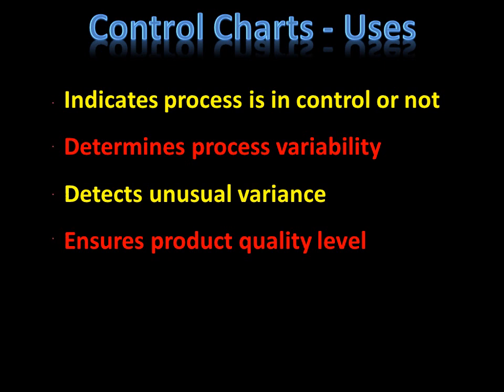Ensures product quality level. Since the accepted variation limits in quality of the product are predetermined, the process can be altered or problems can be eliminated when variations go beyond the accepted limits. Warns in time. Since control charts detect variations early, the process can be rectified in time and scrap or percentage of rejection can be reduced.